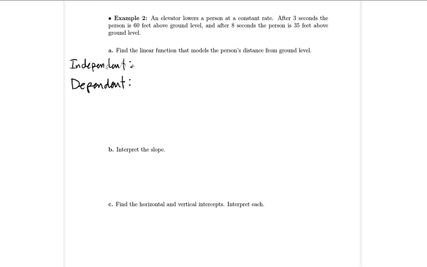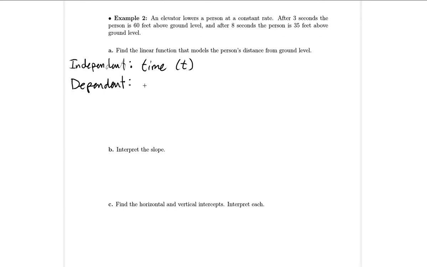So let's get in the habit though of letting your variable actually make sense for what it's representing. So a good general rule is time should always be the independent variable, and then whatever else you're measuring is dependent. So I definitely want time up here, and let's call it t. It's going to play the role of x, but let's call it t for time.